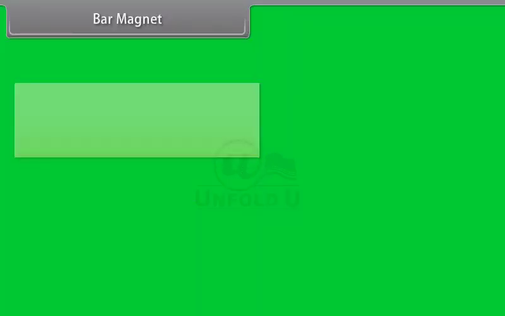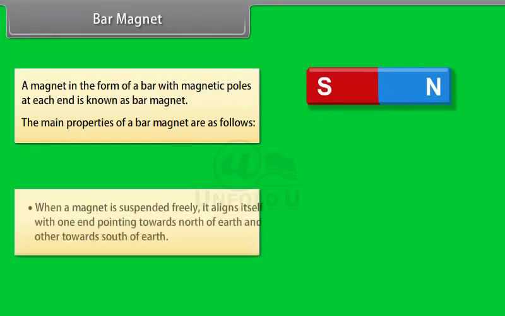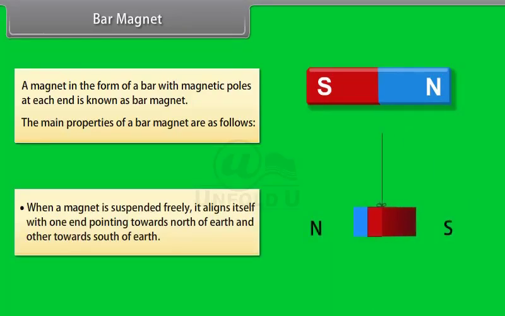Bar magnet. A magnet in the form of a bar with magnetic poles at each end is known as a bar magnet. The main properties of a bar magnet are as follows. When a magnet is suspended freely, it aligns itself with one end pointing towards north of Earth and the other towards south of Earth.